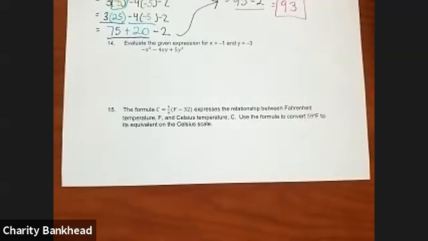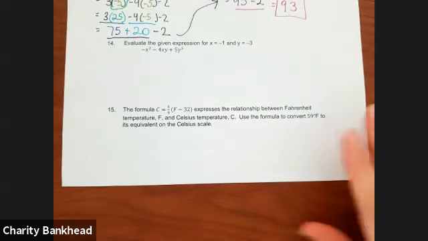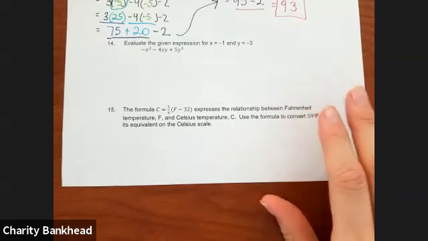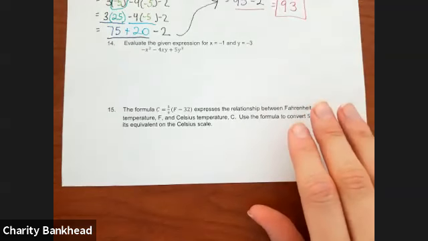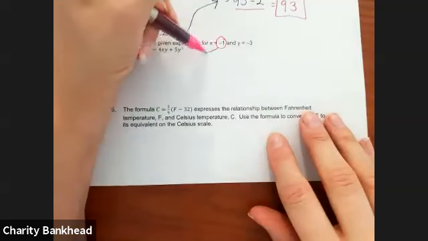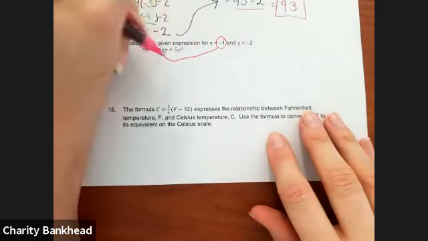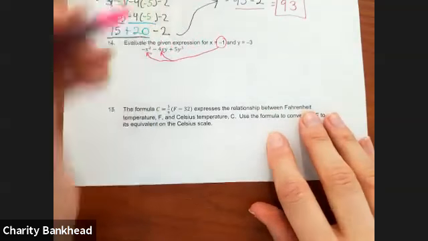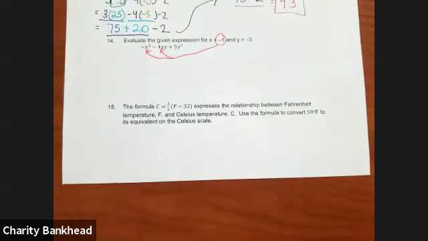Number 14 says evaluate the given expression for x equals -1 and y equals -3. And the given expression is -x squared minus 4xy plus 5y cubed. So x is -1. So we're going to plug -1 in for each of the x's. And then y is -3.